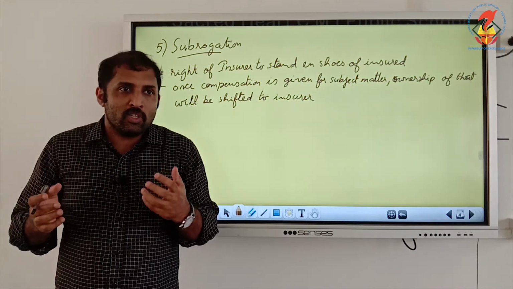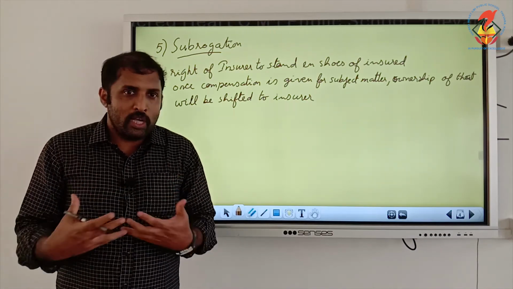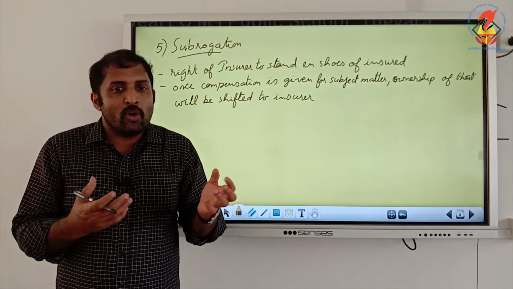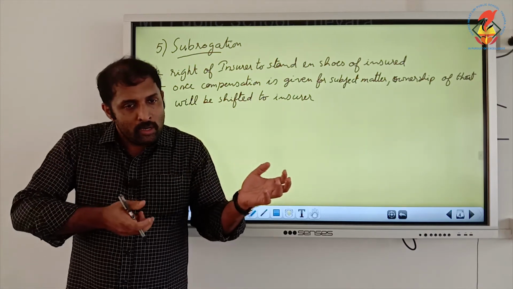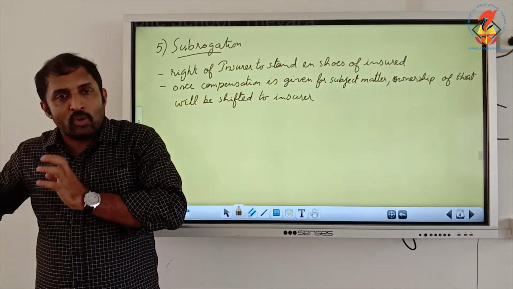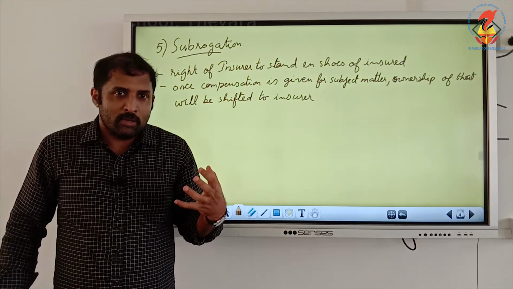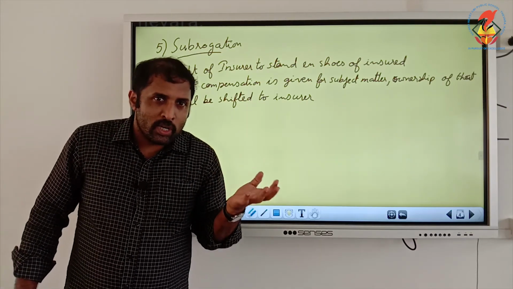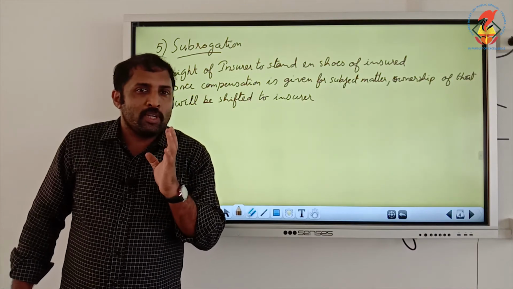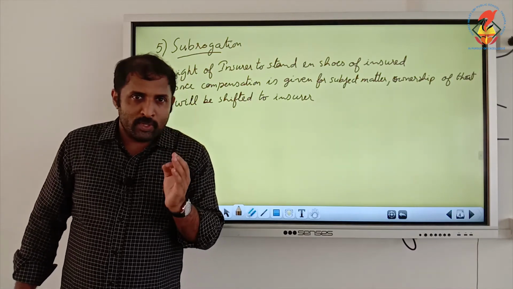A car is given on full insurance and a new car is given. The old car's ownership will pass on to the insurer, because in insurance, the insured is not permitted to make any profit.